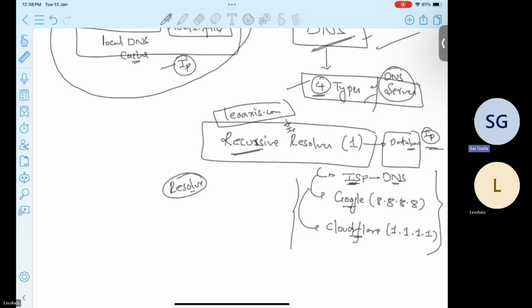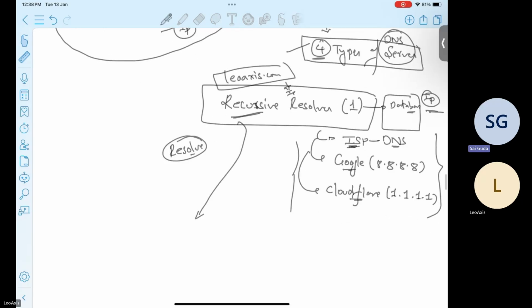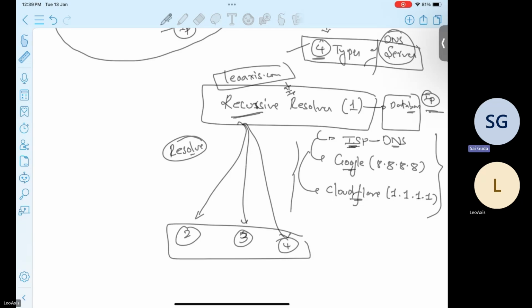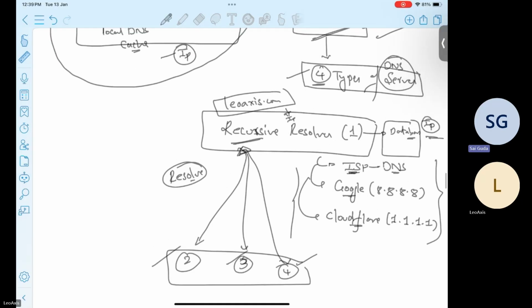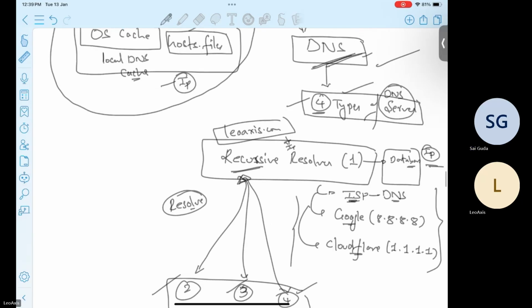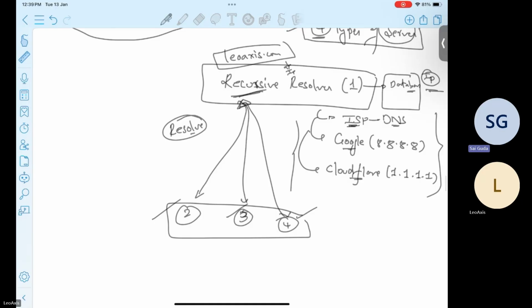Yes, it is recursive because it keeps on asking other DNS servers until it gets the final answer. Until it gets the final answer, it keeps on asking the other DNS servers out of these 4 types of DNS servers, which are part of the DNS system. So that is the reason it is recursive, helping us to resolve the website details. I hope it is clear to everyone.